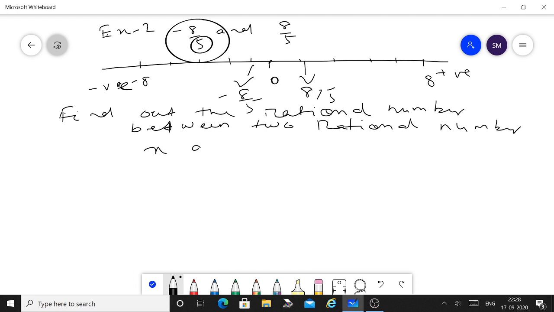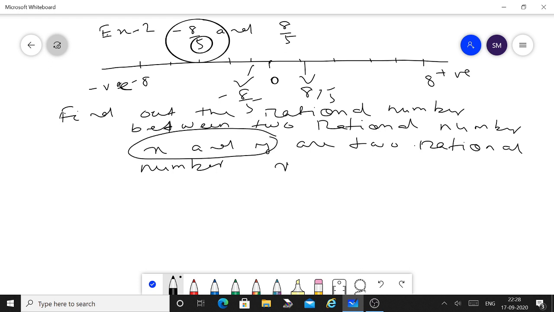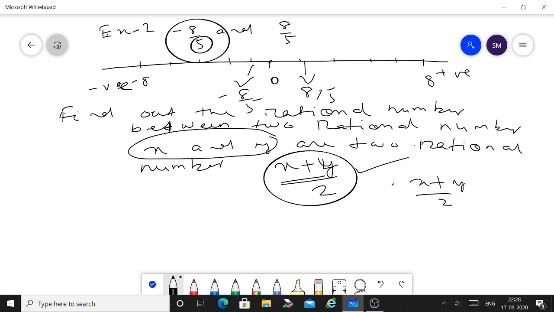Suppose x and y are two rational numbers. Then what is at the middle between x and y? x plus y upon 2. This is the middle rational number, such that x plus y upon 2 is greater than x and less than y.